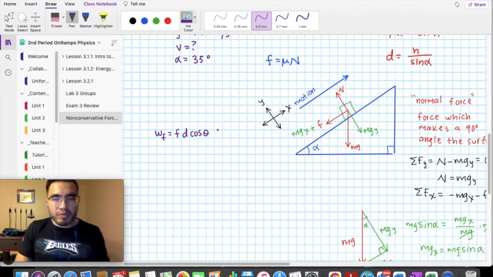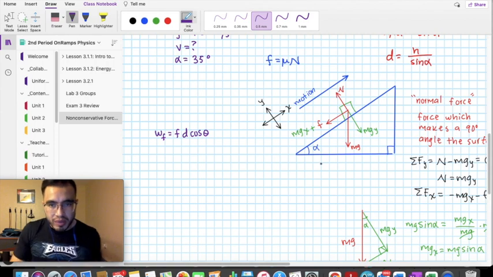Before we substitute, what is theta? Theta belongs to the force applied, right? Now, let's think about the force of friction, because this theta belongs to this force. The cosine theta, this angle belongs to the force, okay? Not to the inclined plane or the surface, whatever, it belongs to the force.